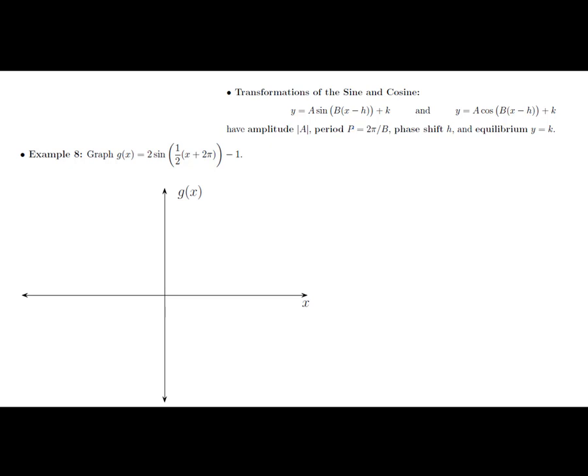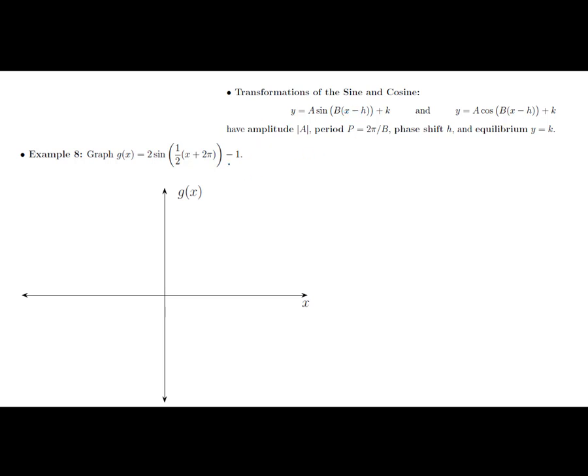The one thing that I need to emphasize here is that in order to be able to know what the true phase shift is for a function, you must have it in this form where the b value is factored out and you have x minus h.